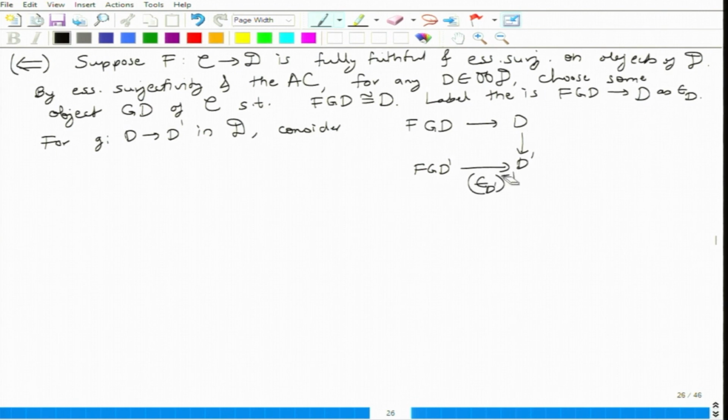Sorry, this is epsilon D dash. I should write the inverse by changing the direction. Epsilon D dash inverse. This is g and this is epsilon sub D. Consider the composition.